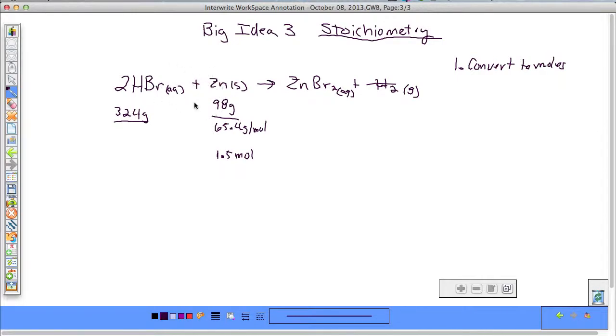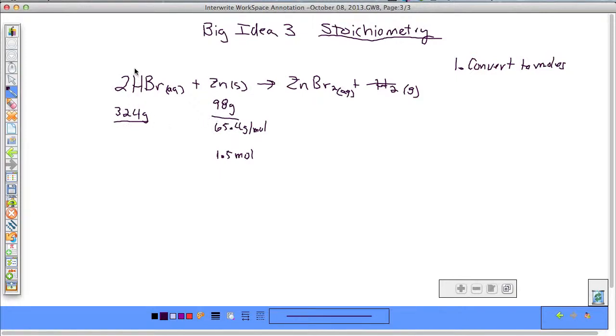If they all weigh different amounts, it's hard to tell how much of this do I have and how much of this do I have, because 324 grams of this means a whole lot different than 98 grams of this. But 1.5 moles of this and 1.5 moles of this is the same exact number of molecules or atoms. That brings it to an equal playing field, so we divide by the molar mass of each one. That factors in their different weights and gets them on the same playing field.